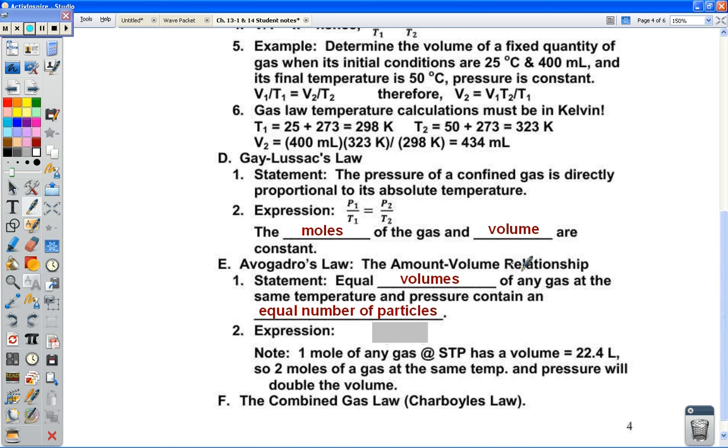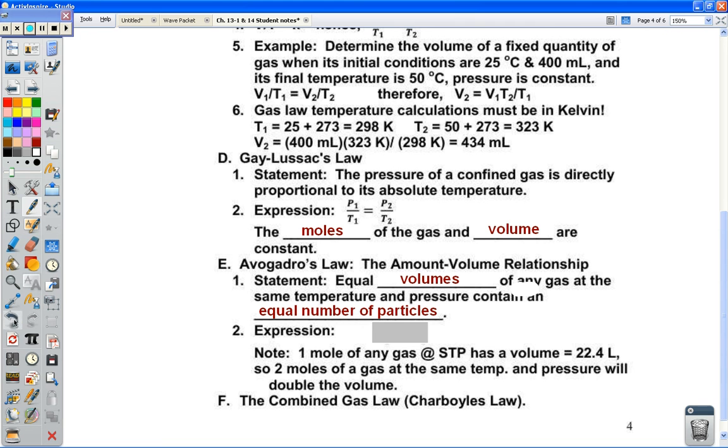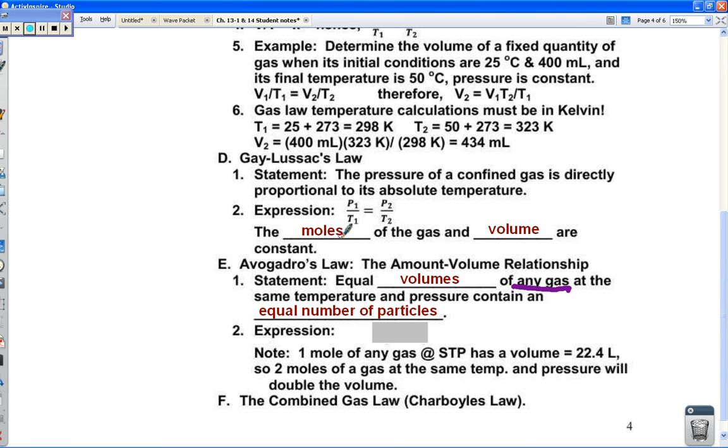Okay, key point here is any gas at the same temperature and pressure contain equal number of particles.